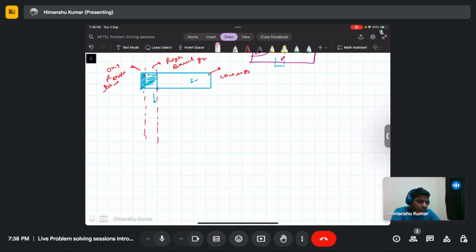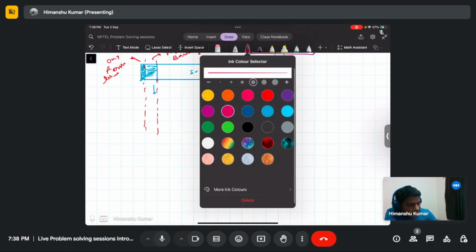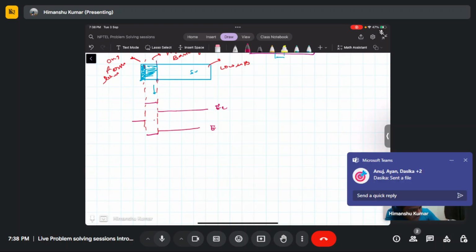If you draw the band diagram when you have not made any contact, it will look like this. You will see a large band gap here, and there is a certain band offset between EC and EV, and this is the EF.